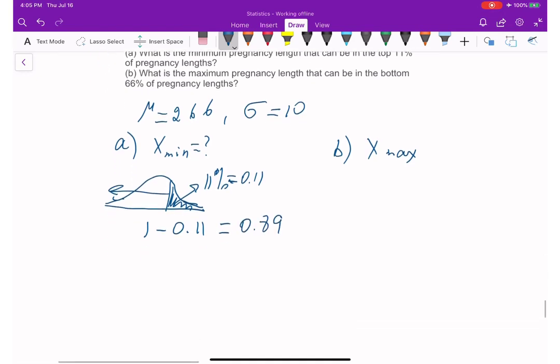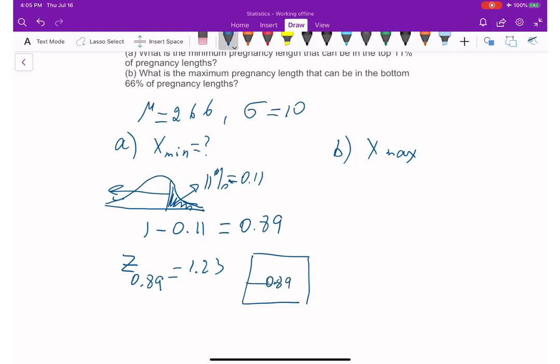Okay, what z-score is matching to probability 0.89? Z-score for 0.89 is equal 1.23. Remember, if it's a probability, 0.89, obviously probability, we are looking in the body of the table, and it's going to be in positive table, right?